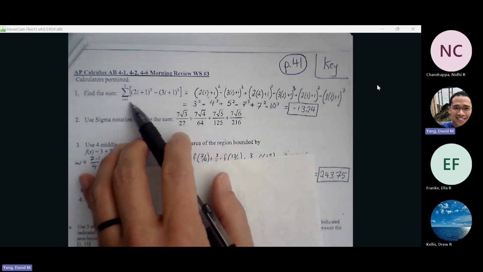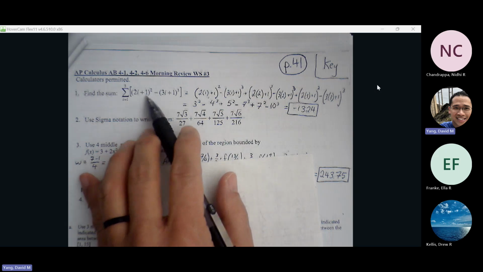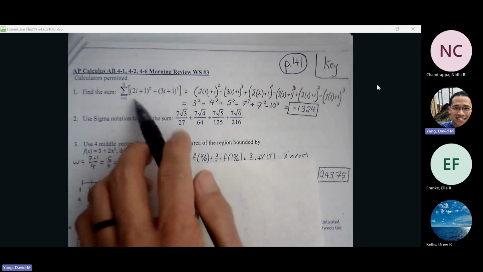We can do this by hand. There's only a few terms, so we're not going to use summation formulas here.